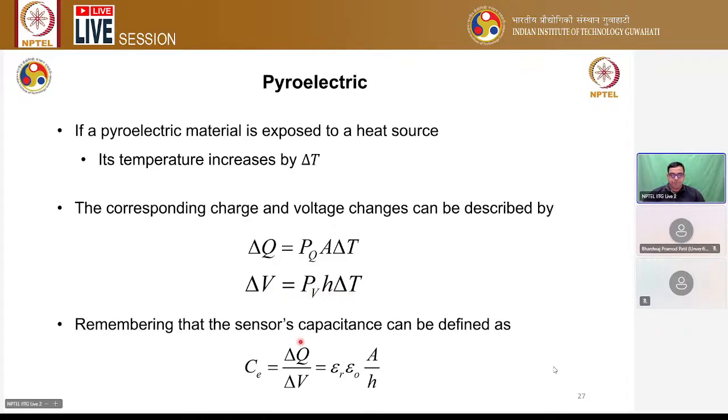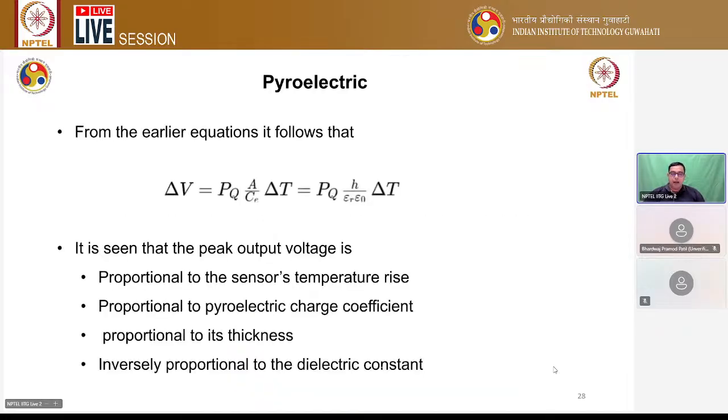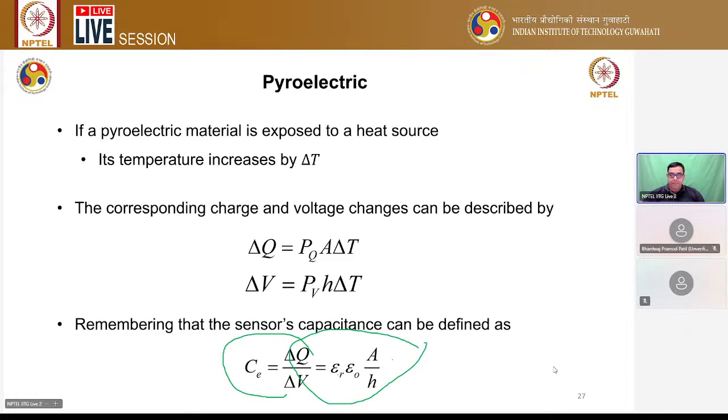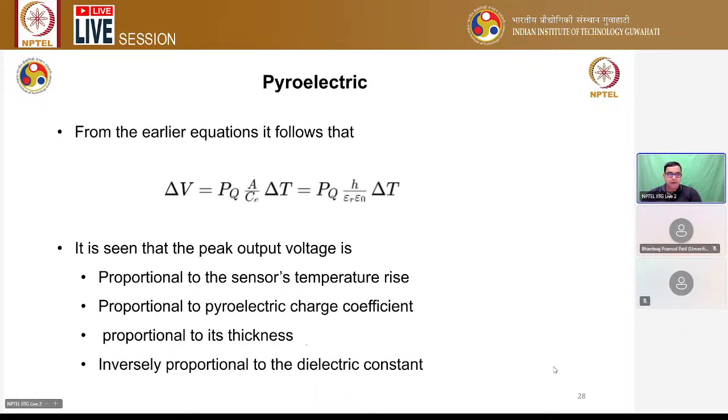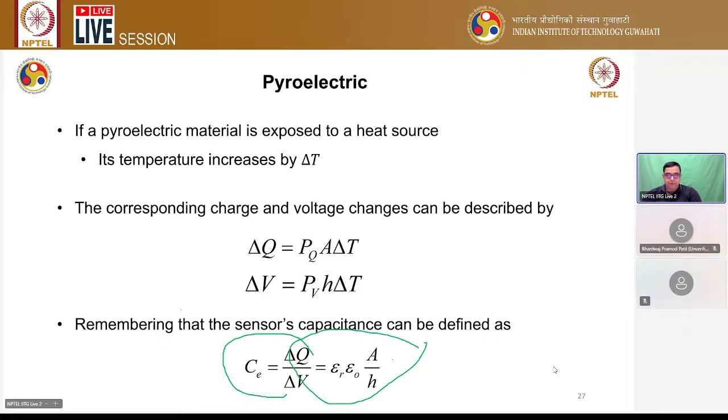And we recalled the C value, and the C value was delta Q by delta V, and from this equation we have found that this delta Q by delta V we have already calculated as epsilon R epsilon naught A by H, right? This was the value, and this was the delta V equation.